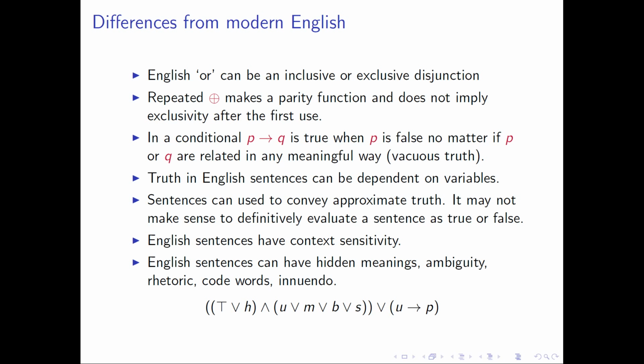There's also innuendo. You're saying something, but you also have an additional meaning to what you're saying. And I don't want to say that propositions have these things. They don't have context sensitivity, and they don't have all these other things here.